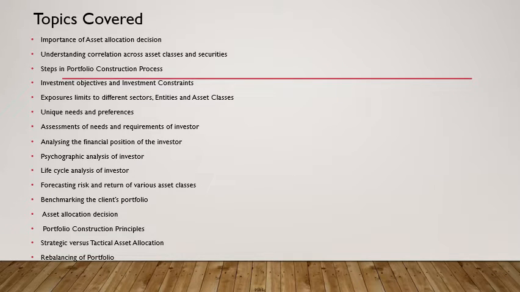So you can see here very clearly that the list is very long and it covers multiple topics such as asset allocation decision, steps in portfolio construction process, life cycle of investors, asset allocation decisions, and so many other things. So one chapter itself is very diverse, and this calls for creation of multiple questions on this particular chapter itself.